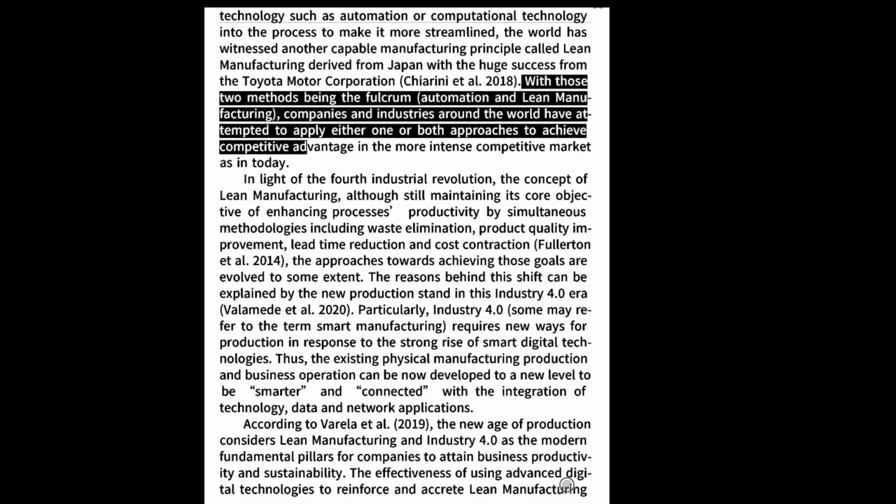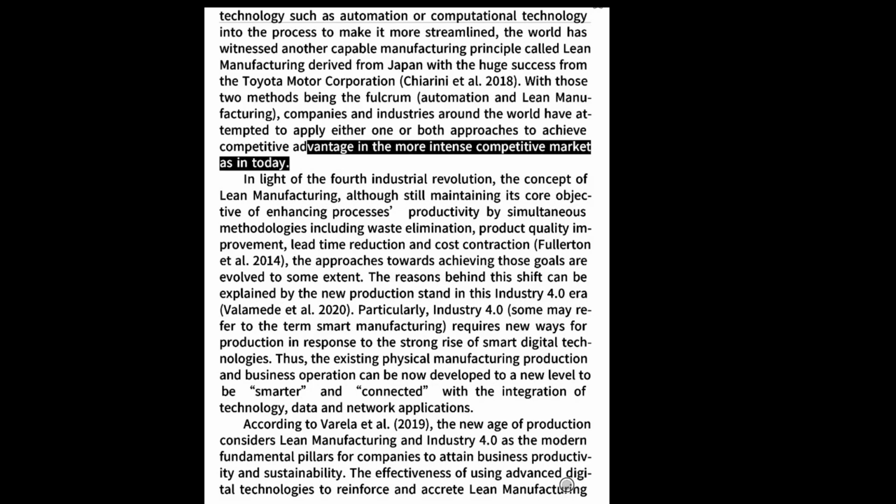With those two methods being the fulcrum, automation and lean manufacturing, companies and industries around the world have attempted to apply either one or both approaches to achieve competitive advantage in the more intense competitive markets today.